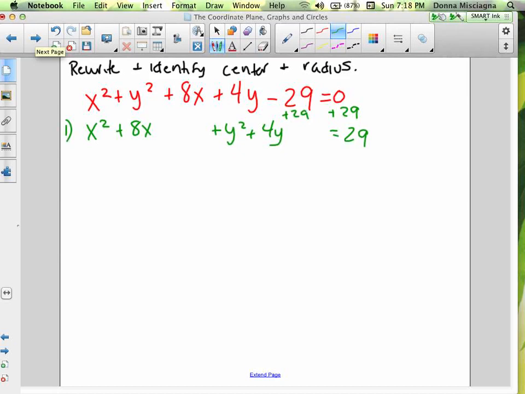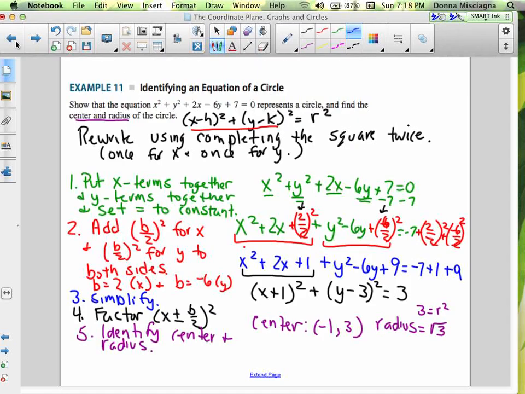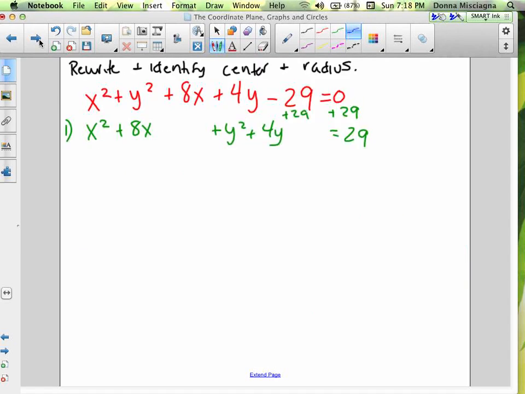And 2. Actually, I'm going to try to color code it the same way I color coded it before. So then I wrote in red. And 2. Because now we're going to add in the b divided by 2 squared. If I leave a space, I can do that all in one step. I would just rewrite your equation, leave a space, and then add in b divided by 2 squared.